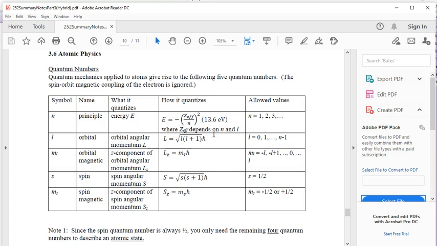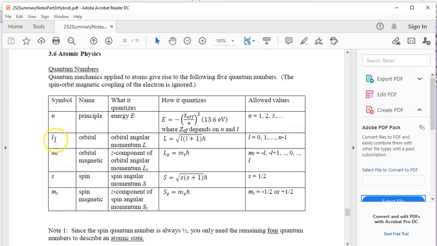So you see that we actually do get, for hydrogen, the results of Bohr. We get minus 13.6 eV over n squared, just like he did. So what are the allowed values of this principal quantum number? Just like Bohr said, 1, 2, 3. What's the next quantum number?